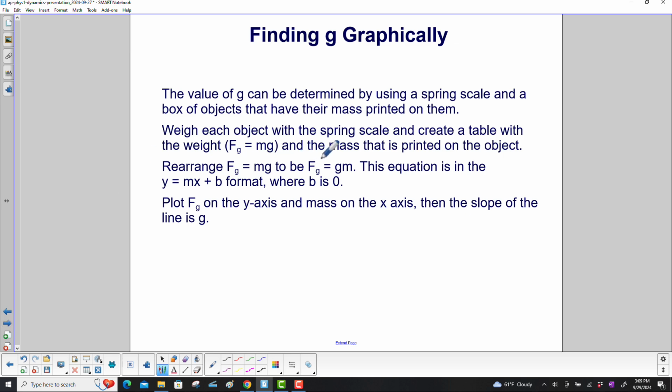Now why are we doing that? The equation is now in the y equals mx plus b format, where b is 0. Okay, there's no intercept there. Plot F sub g on the y-axis and mass on the x-axis, and the slope of the line will be g. Right, because here's our g, and that's going to be this term right here.